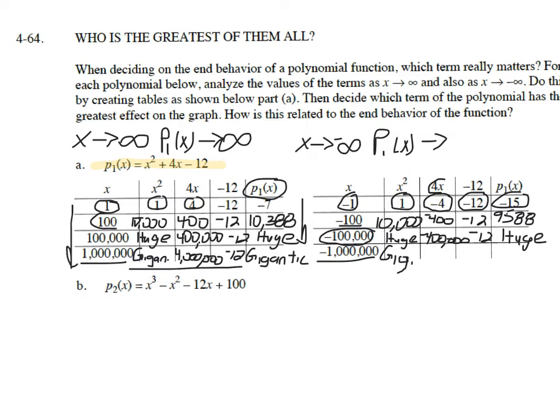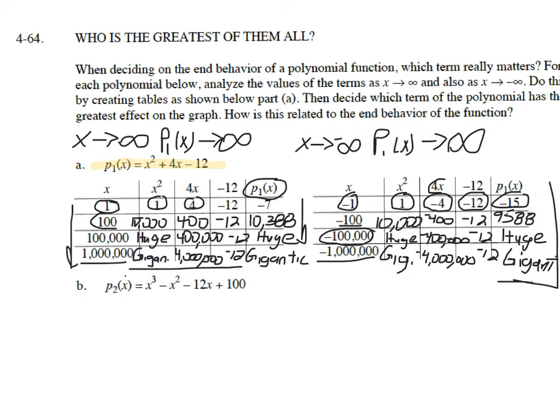And 4 times a negative 1 million is a negative 4 million. The constant's a negative 12, and you add all those up, and you get a very gigantic, monstrous positive number. So this is still going to end up going to a positive infinity.